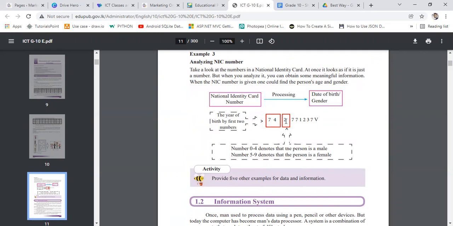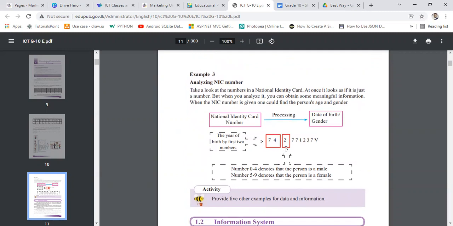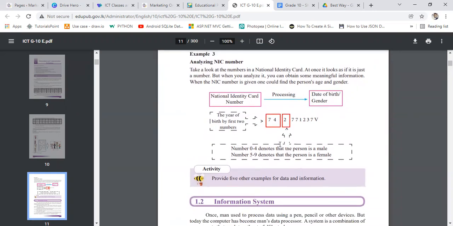Okay, so to do that you should already have this type of knowledge. Otherwise we can't get this information. Okay, that should be there. Without having some sort of knowledge on that, you can't get the information from the data. So knowing that 0 to 4 denotes male is actually knowledge, and that's also information.